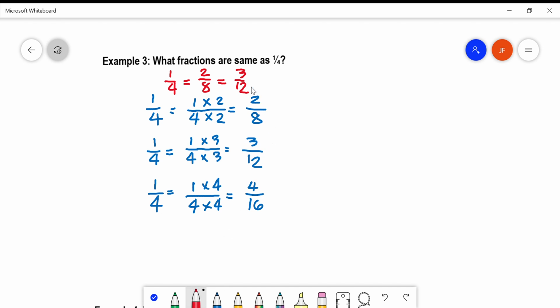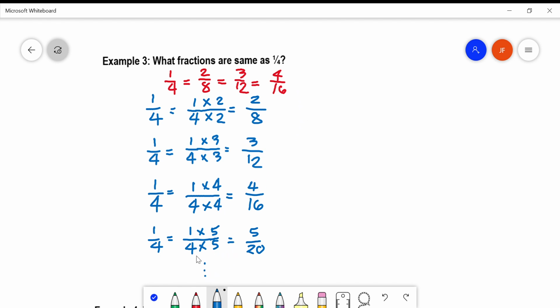Now to continue once more, 1/4 multiplied by 5 in both the numerator and denominator becomes 5 over 20. And the iteration process can be endless.